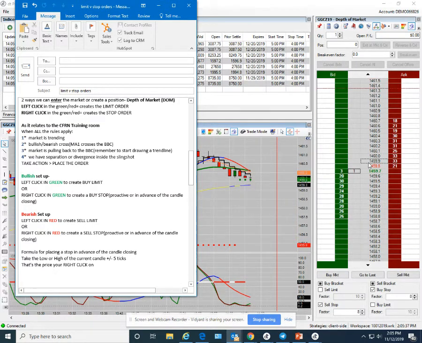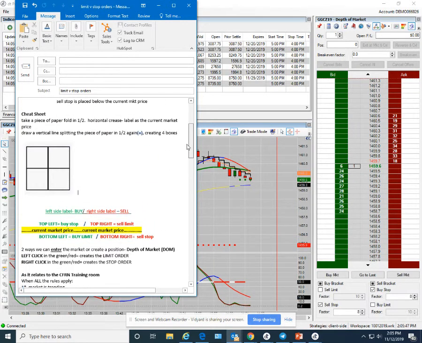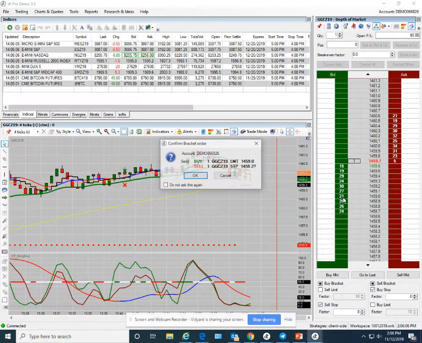The current market price is right here, outlined at 1459.60, 1459.70. As outlined here in our little cheat sheet, if we're going to buy the gold, and we're going to try to buy it at or below the current market price, we're going to be in the green because we're buying, and we would left click.